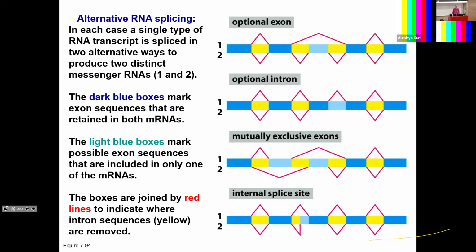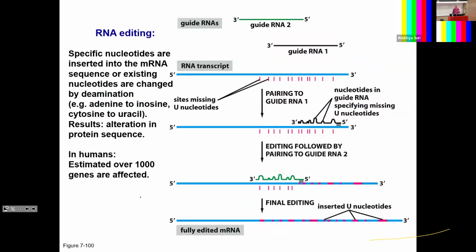Lots of choices on what can be done. So you just want to memorize that introns need to be removed. It's called the splicing process.